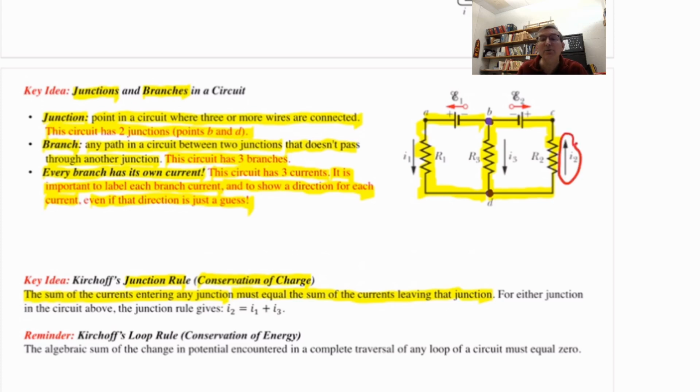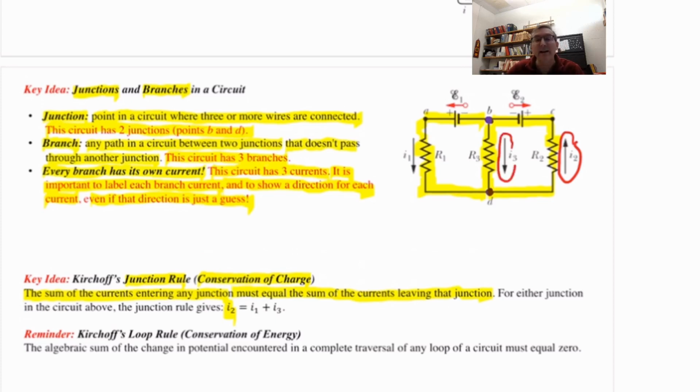Did you say I2? That's the one, because it goes up to the left and into B. Remember, current does not disappear. So the current entering junction B is I2. What are the currents leaving junction B? Well, here's one going straight down from B. But here's one also that went first leftward out of B and then down.